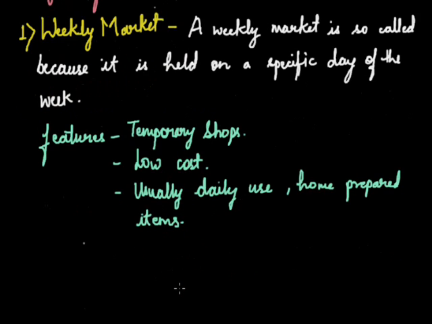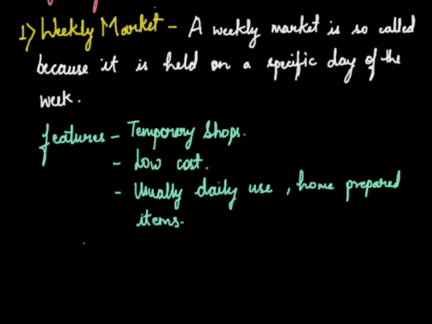Because the shops are temporary, they do not come with the expenses of electricity or rent or water supplies, giving the sellers an opportunity to make the best possible cost on that particular day of the weekly market. Later on, they usually move on to other places and continuously lead a nomadic life, selling products from one weekly market to another weekly market and supplying the goods throughout the area.